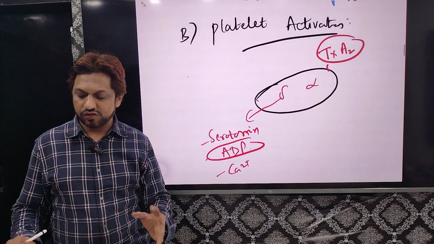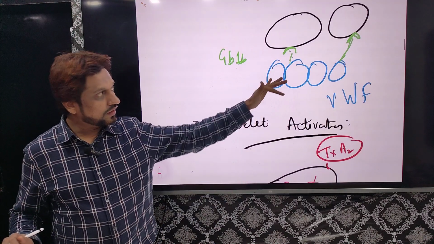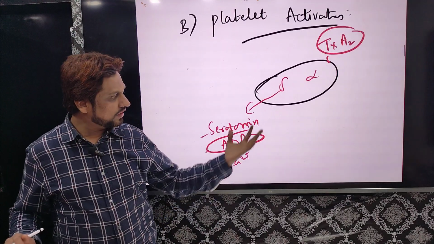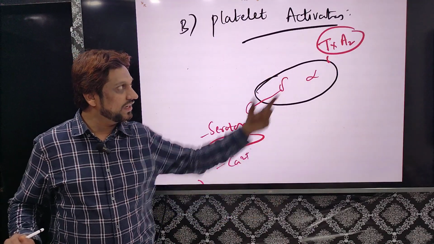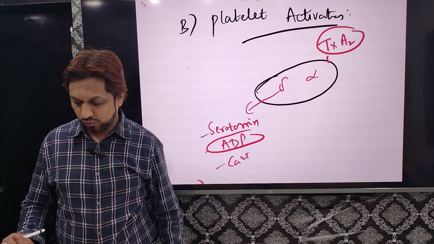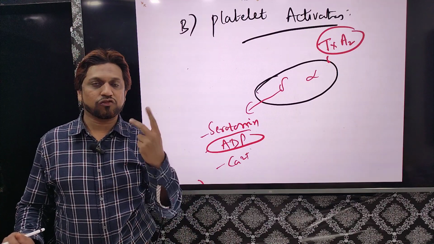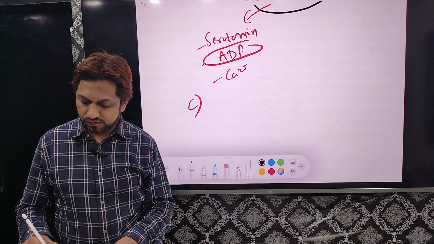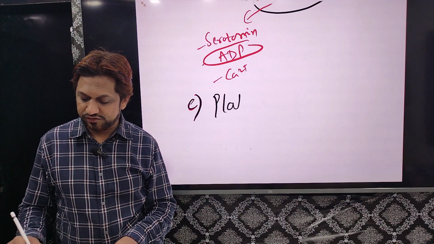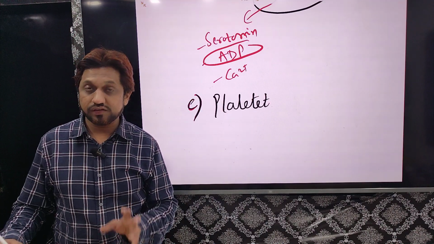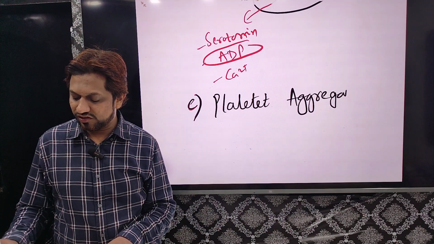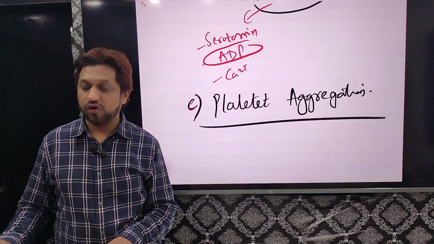So platelet activation: once they are bound after the adherence, they get activated, and activation means they release many chemical substances, mainly ADP and thromboxane A2. This thromboxane A2 has two roles. It can act as a platelet aggregator and help in platelet aggregation, and also it can act as a vasoconstrictor. So platelet aggregation is the third step in the platelet plug formation.